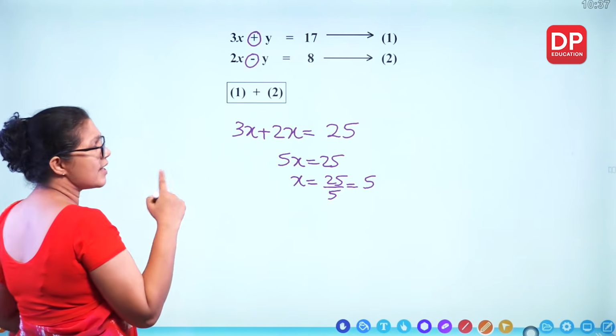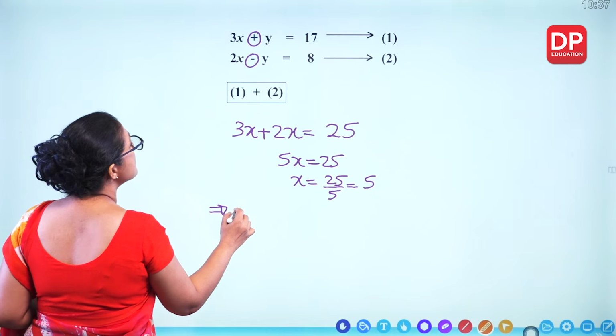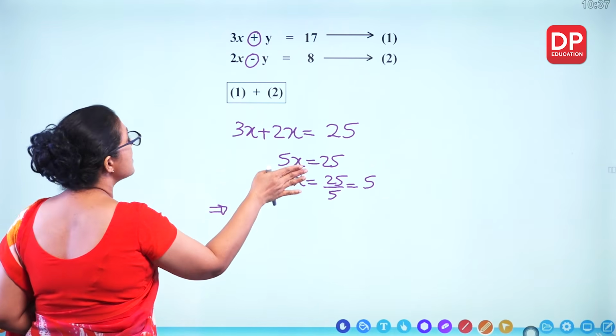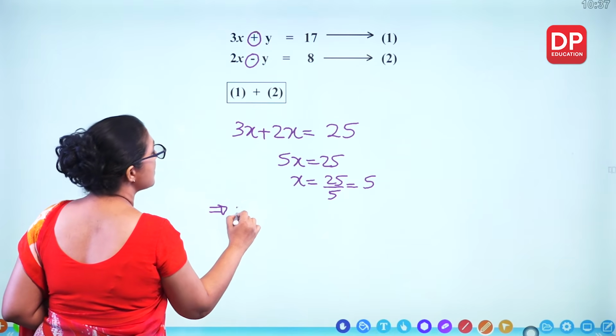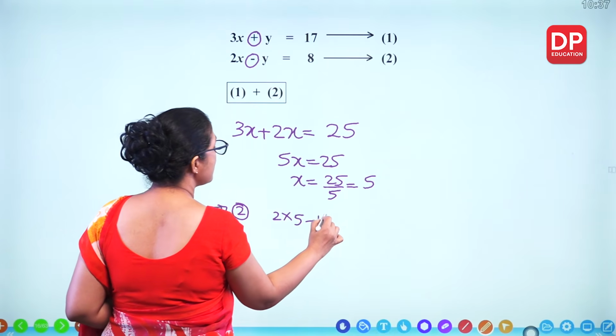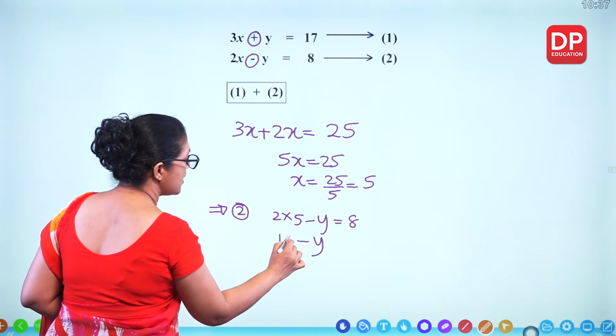Then you can take any equation. I'll take the second one this time. This is the same question that we did before, just to explain the process. x equals 5 in the second equation: 2 times 5 minus y equals 8. Minus y, here 10.